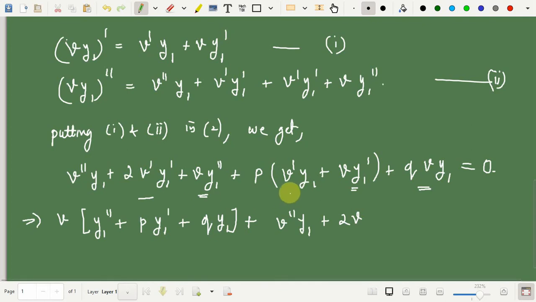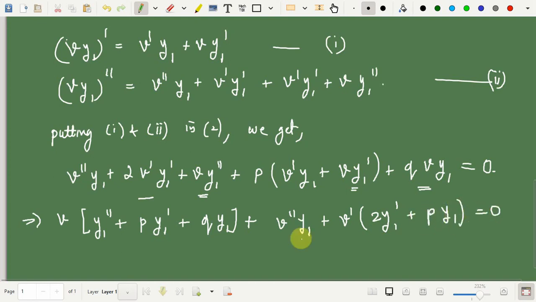So altogether there are only 3 terms. The first term I've already listed over here. For the second and third terms, I can take v prime common, and what remains I will put in brackets. If I take v prime common, I get 2 into y1 prime from here, and from here plus p into y1, is equal to 0.